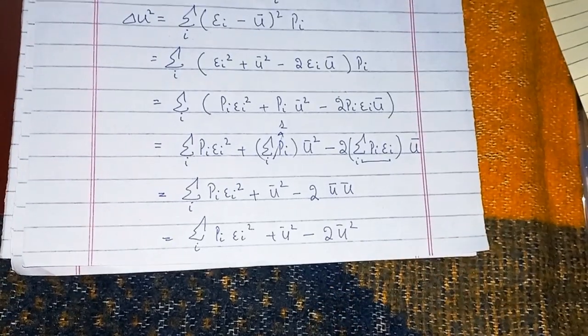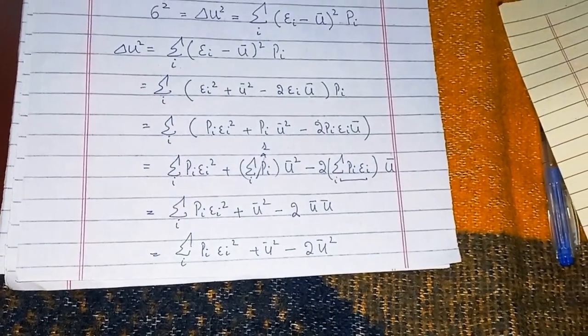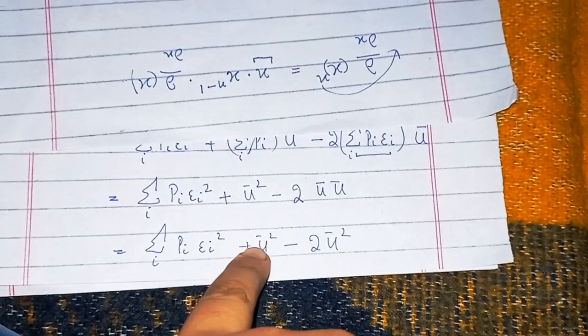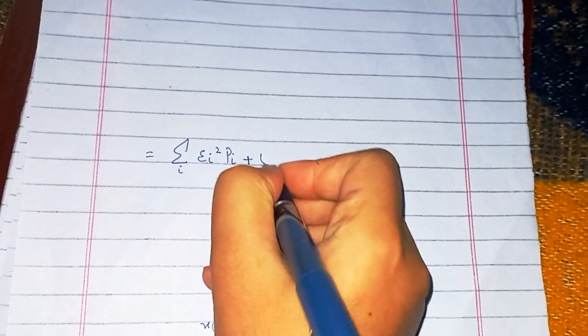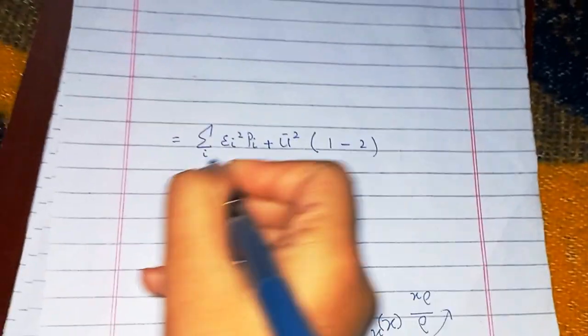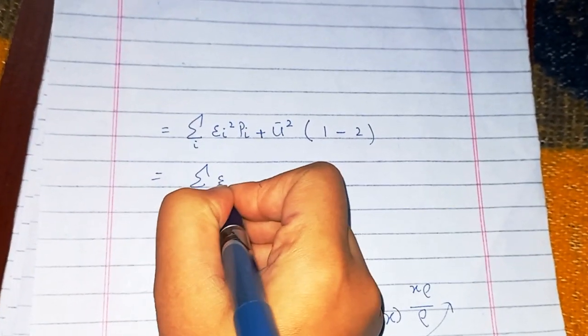So what does that become ultimately? It's summation ei square pi plus u bar square minus 2 u bar square. You can take u bar square common, and what's inside is 1 minus 2, so you can easily solve it.